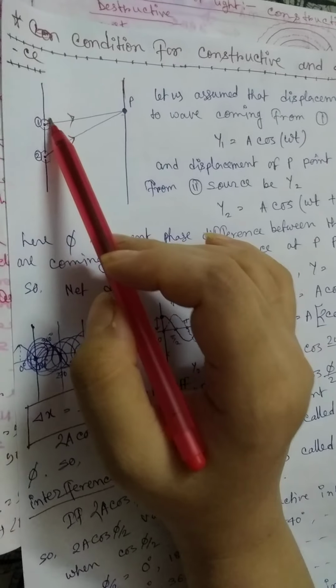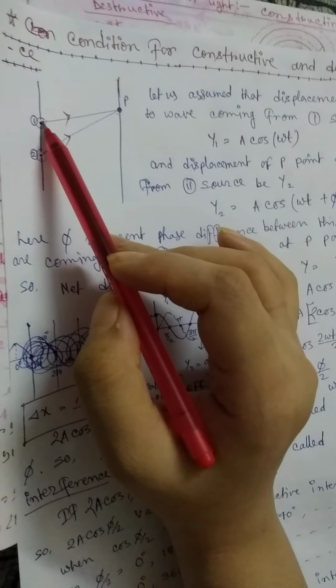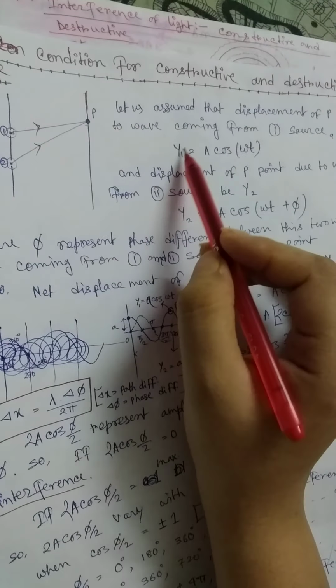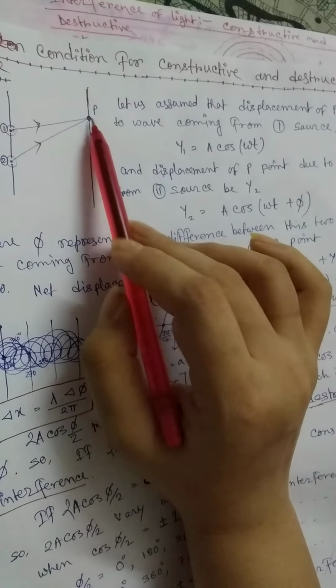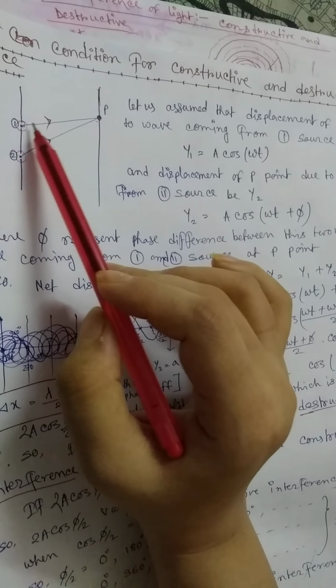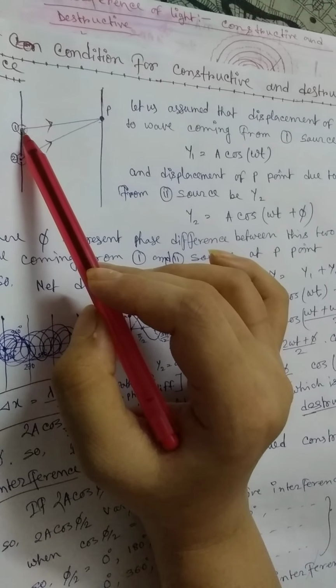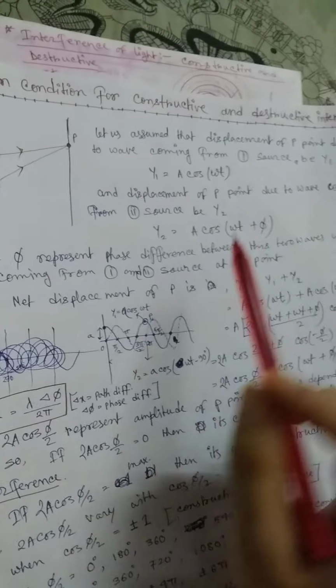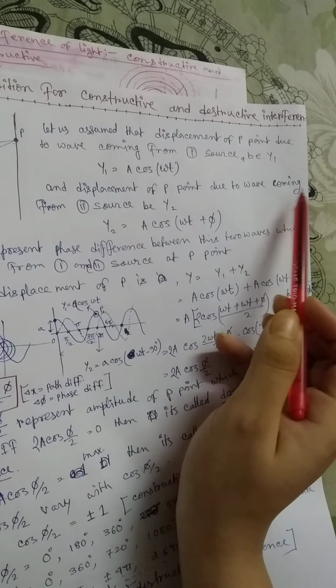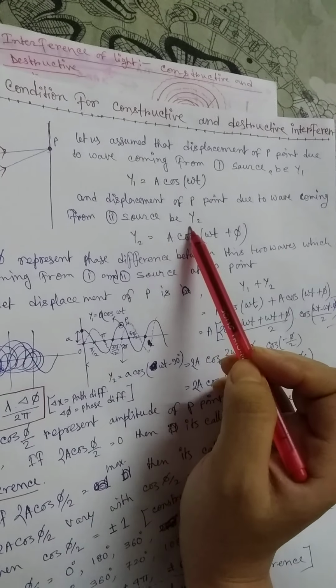Due to this light, Y1 represents the displacement of P point due to the wave coming from the first source. And the displacement of P point due to the wave coming from the second source is Y2.